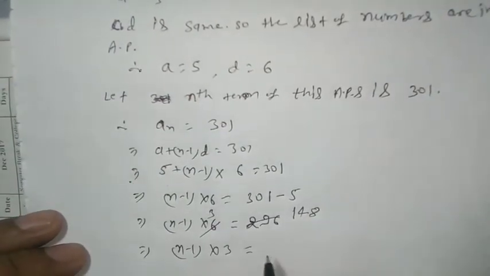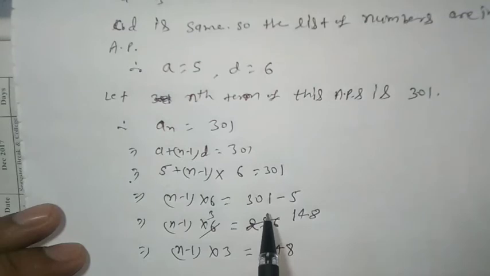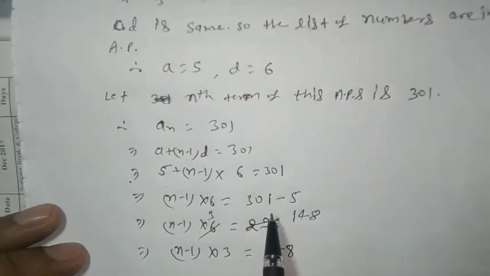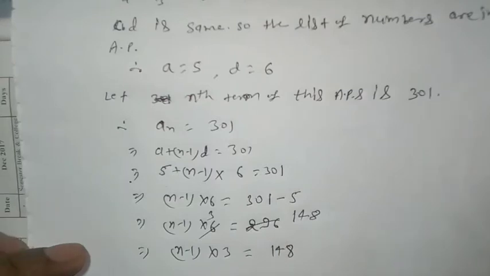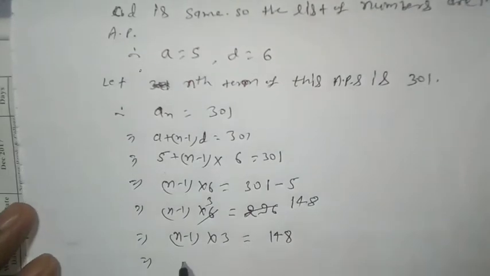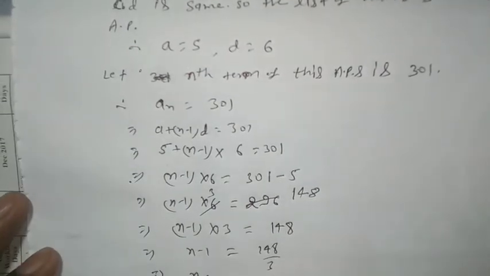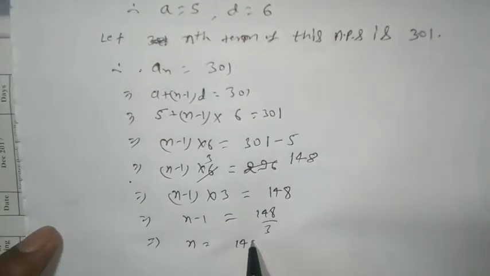Dividing by 2, N minus 1 into 3 is equal to 148, implies N minus 1 is equal to 148 by 3, implies N is equal to 148 by 3 plus 1.